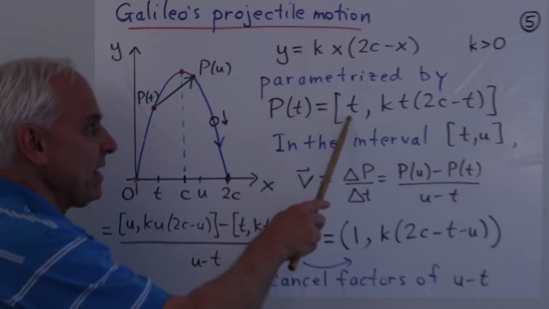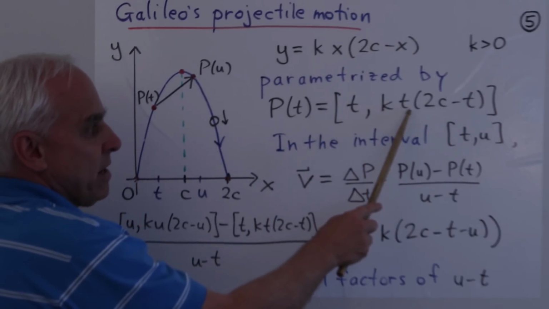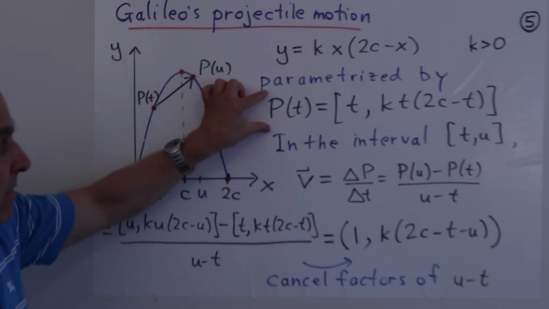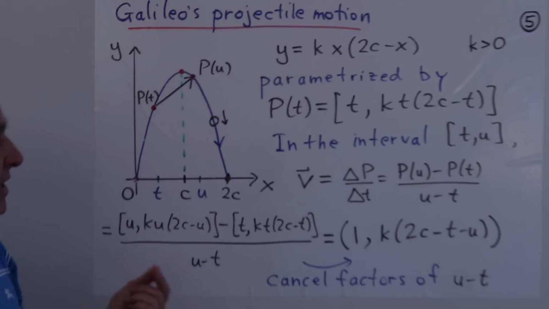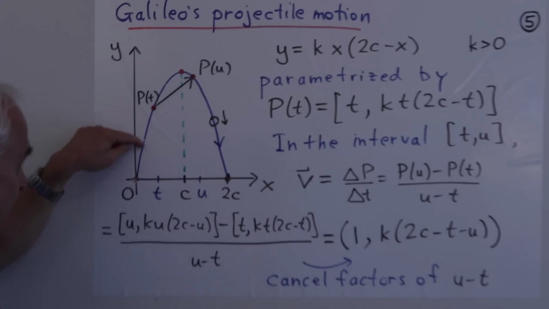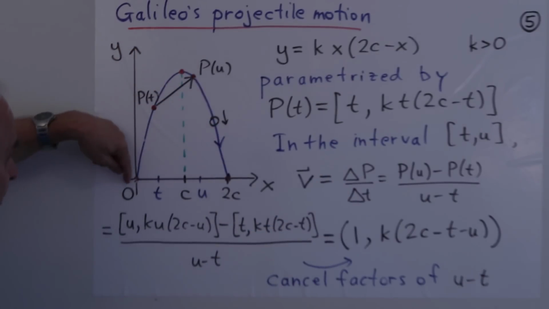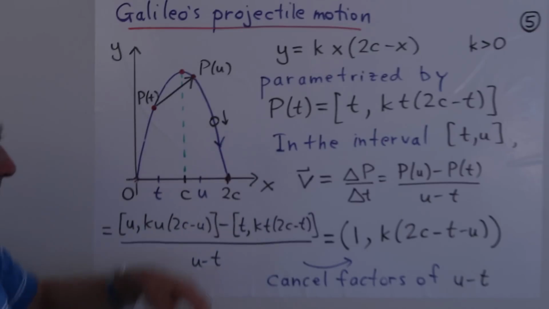So if x is t, then y is just given by this expression, k times t times 2c minus t. And this then gives a parameterization of the curve. So for every value of t, we could plug that in here and we would get a point on the curve from t equals 0 all the way up to t equals 2c.